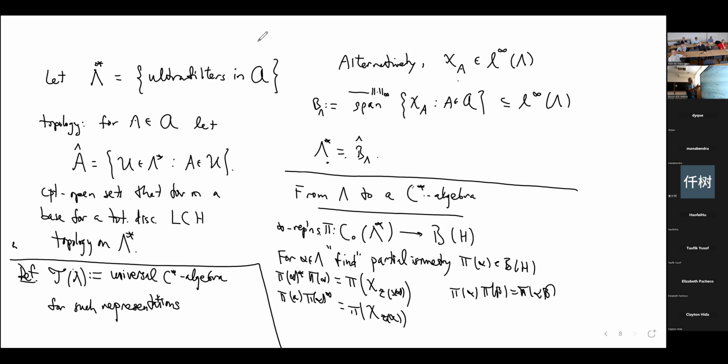The point is that using the order structure coming from this small category, we find this locally compact Hausdorff space, and we get this commutative C-star algebra in addition to just the category itself. So this is just saying represent the category by partial isometries, but they have to behave properly with respect to the functions as well. That's the analog of Nica covariance in this general context. And that's why we get a C-star algebra that actually is tractable, as opposed to some enormous unwieldy one that just has to do with the multiplications.